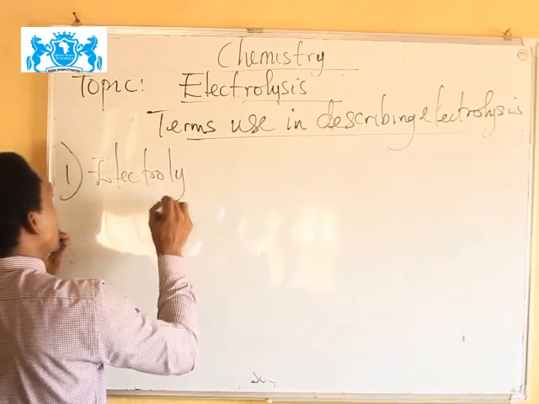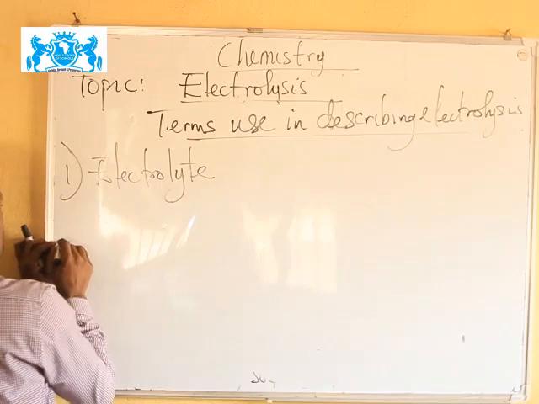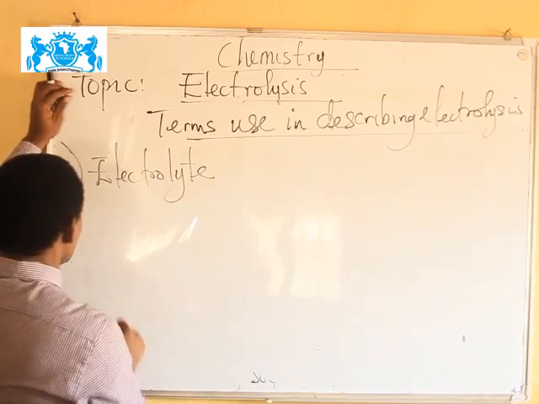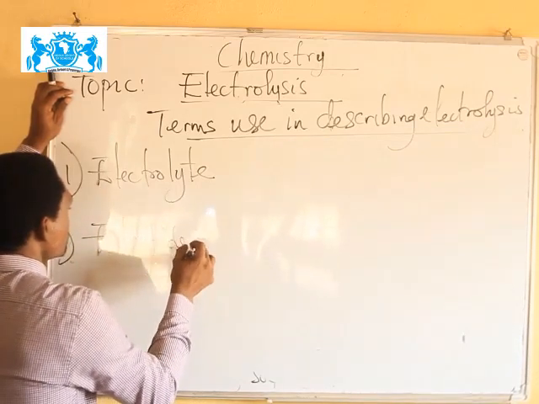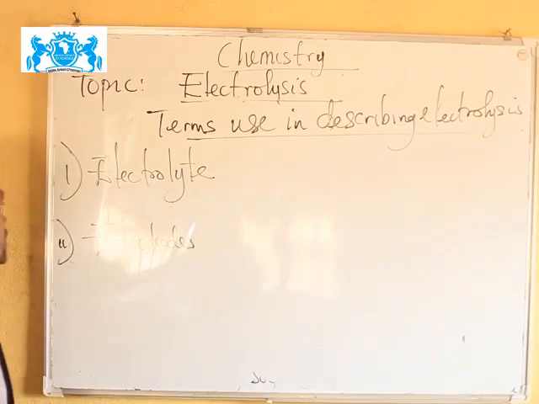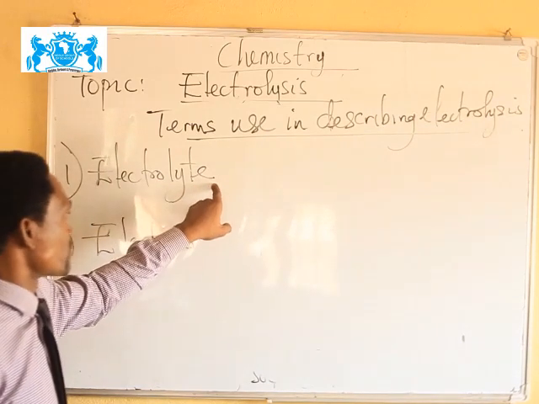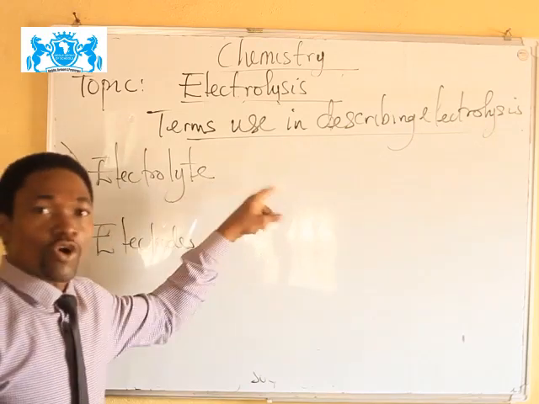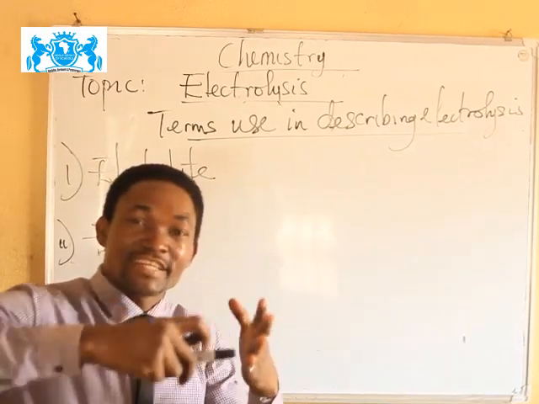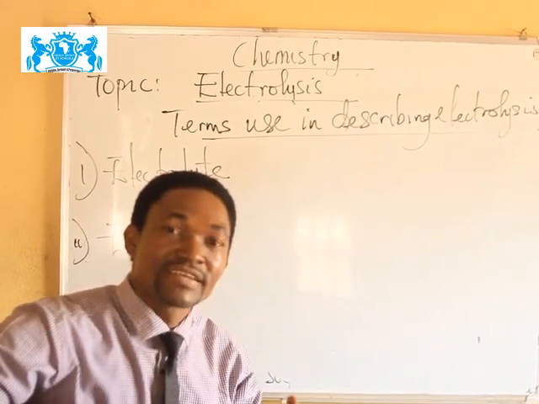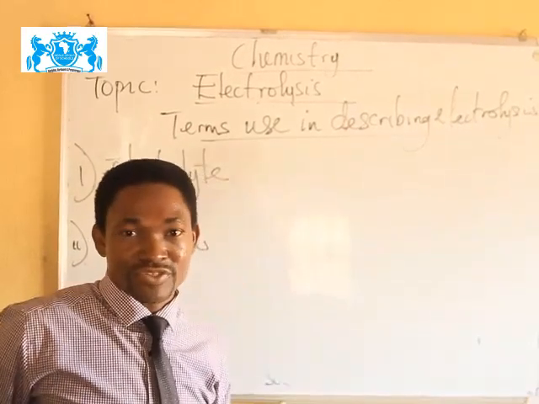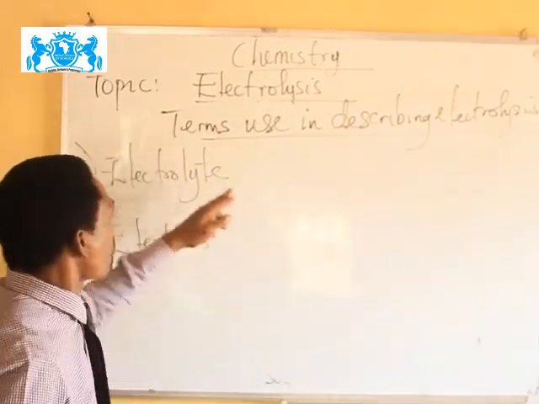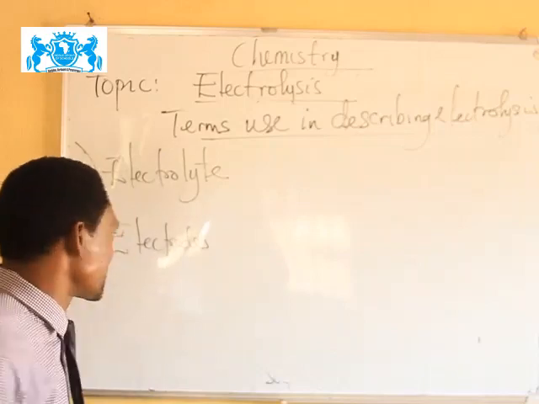Okay, let's start with the word electrolyte. What are electrolytes? Electrolytes are the compounds that undergo that splitting, that is, are disintegrated into their component ions during the process of electrolysis.